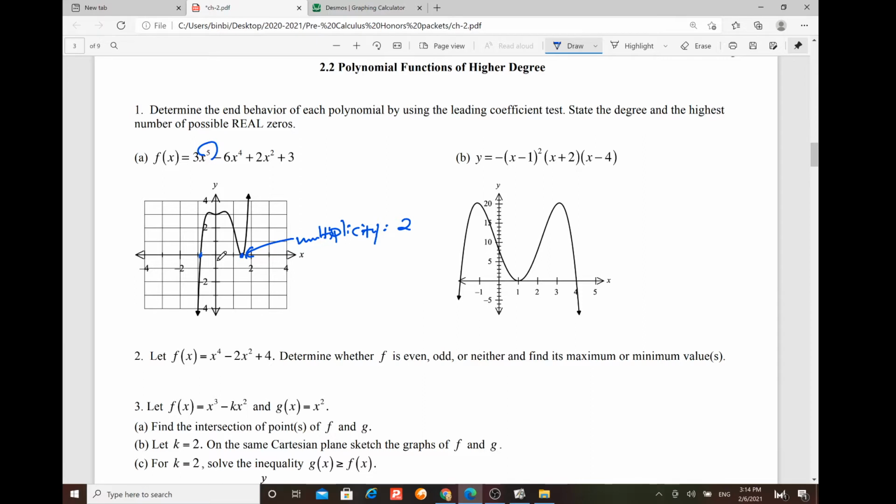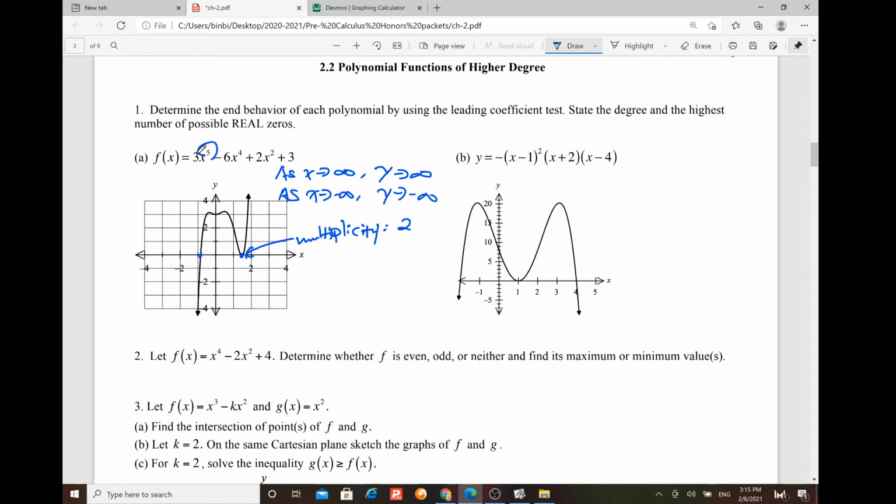Another thing is that you want to determine the end behavior. As x goes to infinity, according to that arrow, y goes to infinity. And by looking at the graph here, as x goes to -infinity, y goes to -infinity.